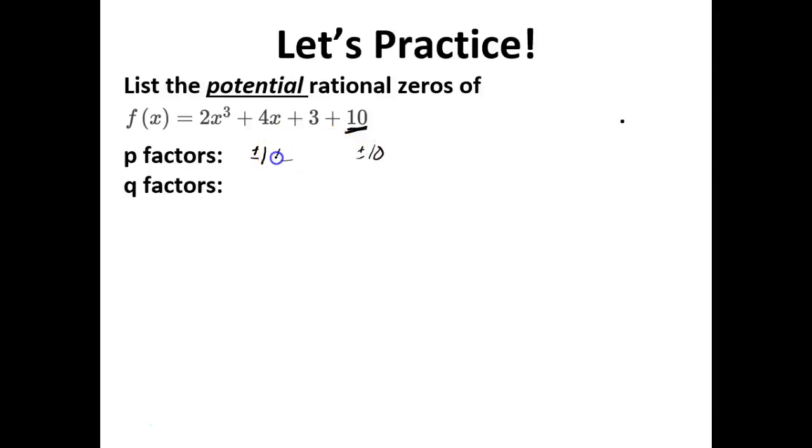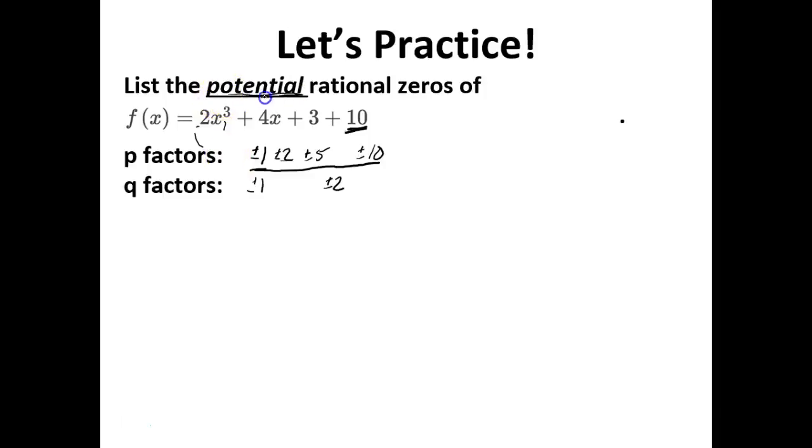Some more factors, plus or minus 2 and plus or minus 5. Are there any other factors of 10? No, there are not. So we are done with those factors. Then factors of Q, factors of the leading coefficient, plus or minus 1, and 1 times 2, so plus or minus 2 are possible factors. There are no other factors for that leading term.